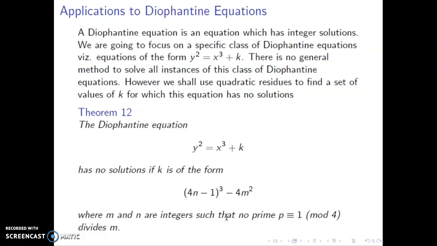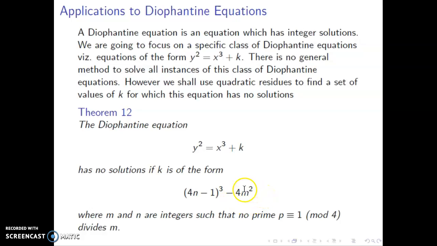That is, I am going to assume that I can find a set of integer values x and y such that y squared is equal to x cubed plus k, and k is of the form (4n minus 1) the whole cube minus 4m squared.